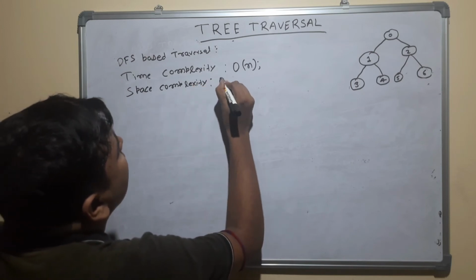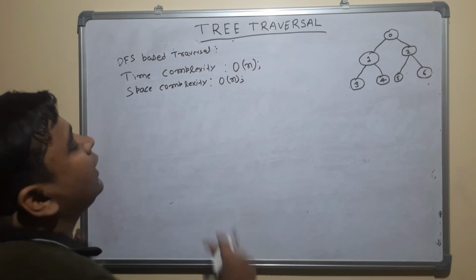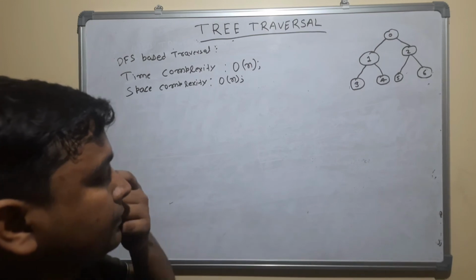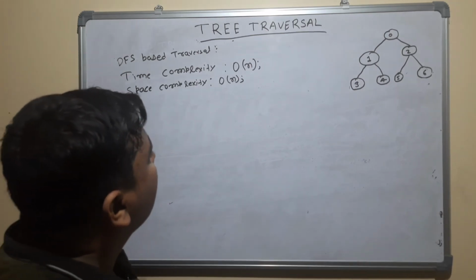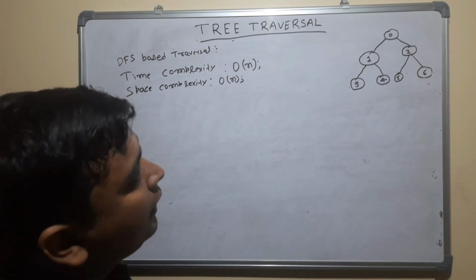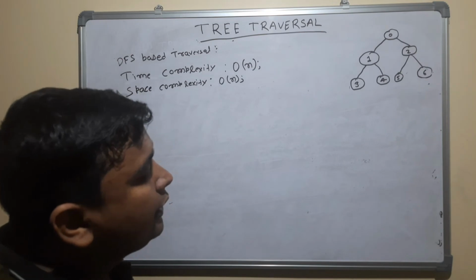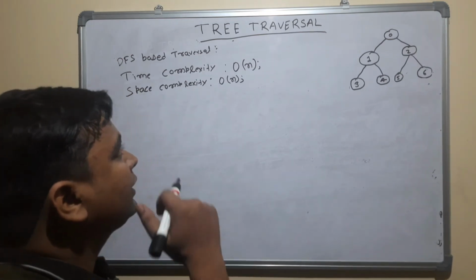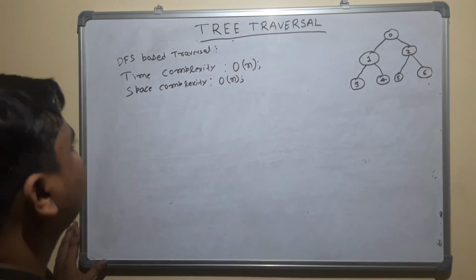Space complexity will also be O(n), because we are taking space for however many nodes there are. So space complexity is also big O of n.